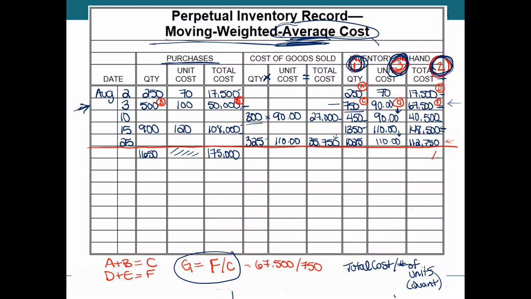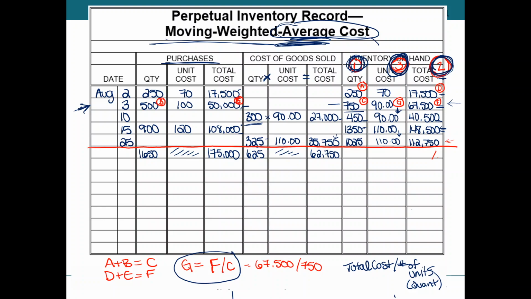For cost of goods sold, we sold 300 plus 325 equals 625. We never have our unit costs there for cost of goods sold or purchases because they change. And then we add the 27,000 plus 35,750 gets us to 62,750.